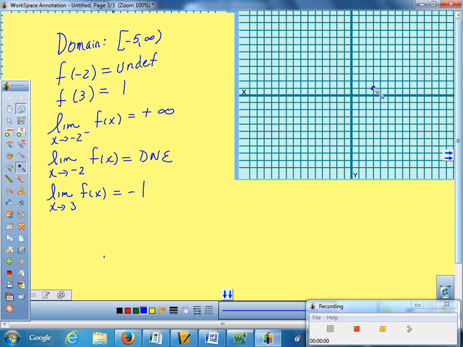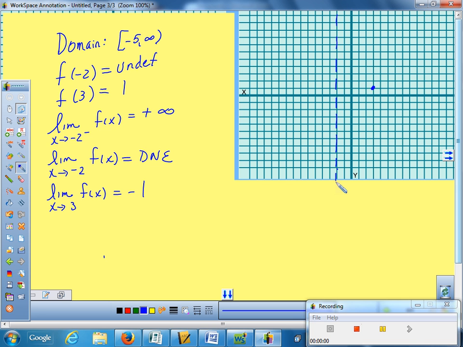If at -2 from the left it has to go to positive infinity, if you're going to infinity, what does it mean you have to have? If you're going up to infinity, you have to have an asymptote. So we know -2 has to have an asymptote on it. For sure.